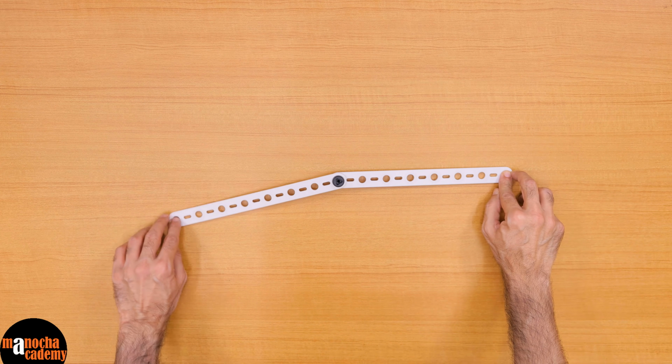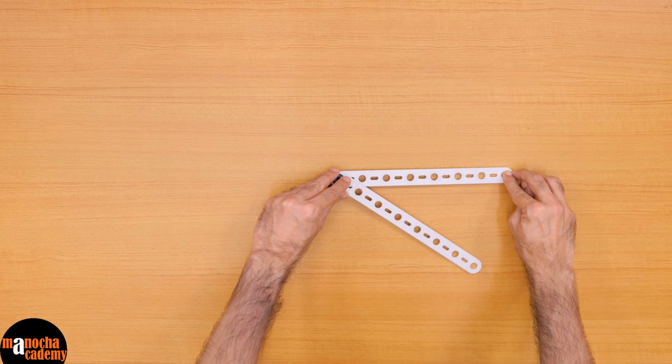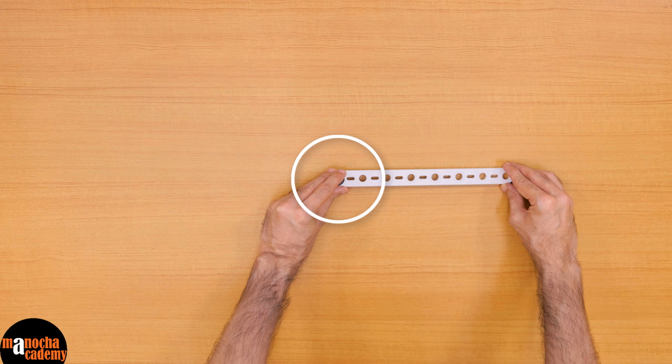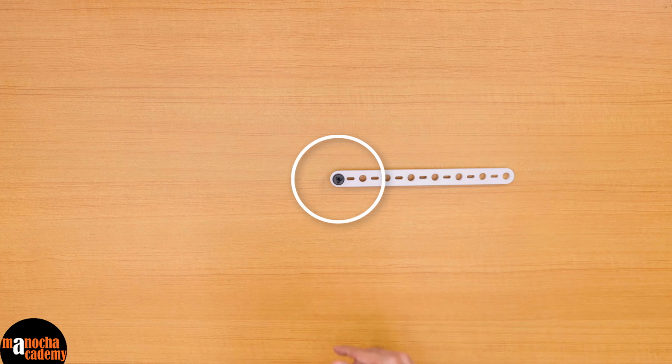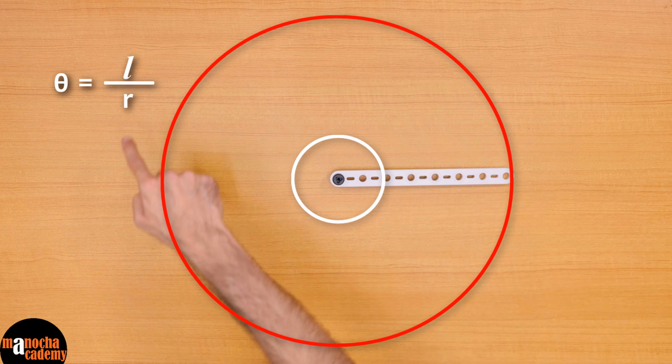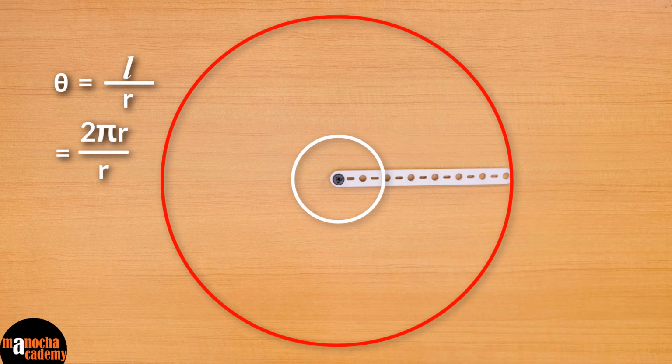Another way to remember the conversion is to complete the full rotation of the angle. The full rotation is 360 degrees. And what is the corresponding angle in radians? Once again, you can use the formula theta equal to L divided by R. Arc length divided by the radius. Arc length is the circumference of the full circle. So that's 2 pi r.